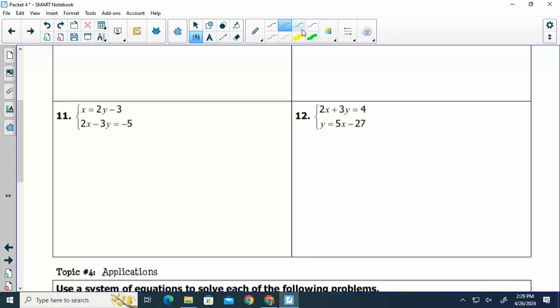I'm telling you, y is 5x minus 27. So you could go to the other equation and replace the y with the 5x minus 27.